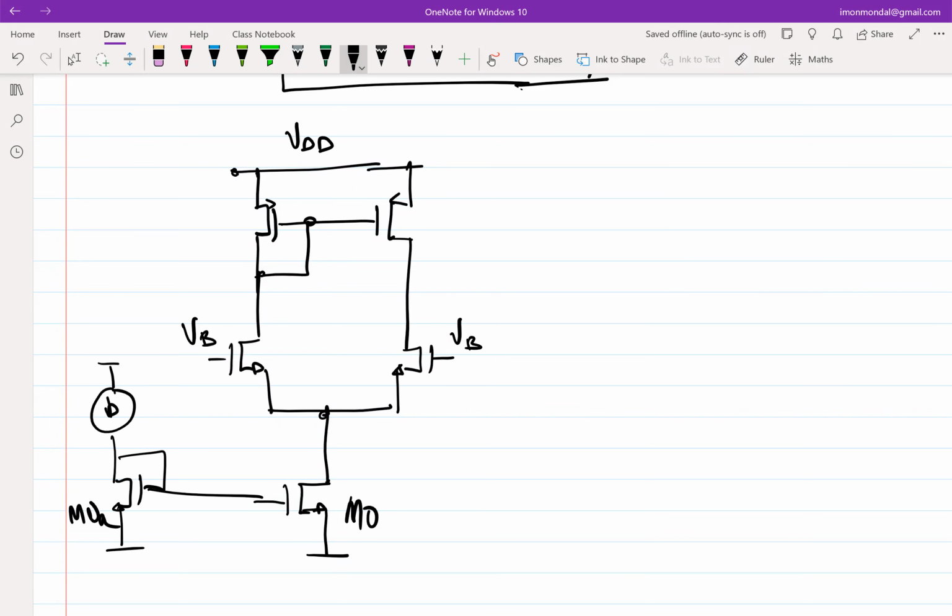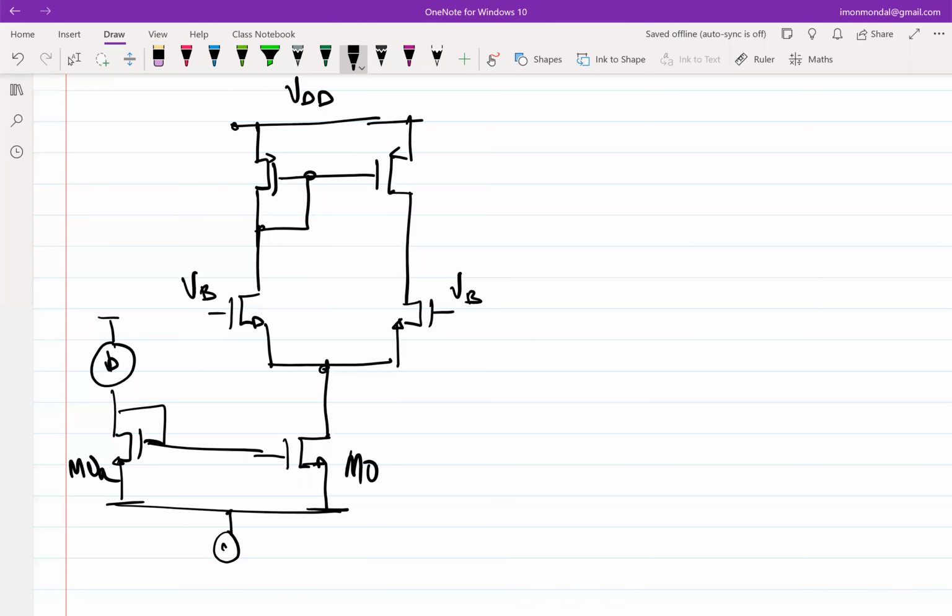Till now I was considering an ideal current source at M naught. If I had considered an ideal current source at M naught, what would have been the effect of excursions in VGND? Nothing, right?